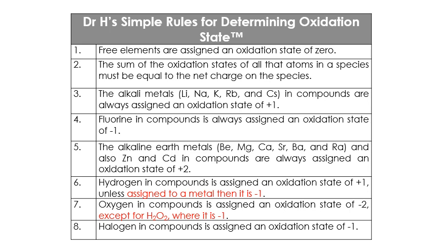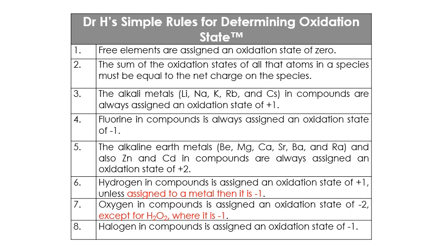The sum of the oxidation states of all atoms in a species must be equal to the net charge of the species. So that's the reason why for sodium chloride the sum would be +1 and -1, overall 0, because chloride will be -1, and sodium ion will be +1. Overall charge is 0. So the sum of oxidation states is going to be 0.